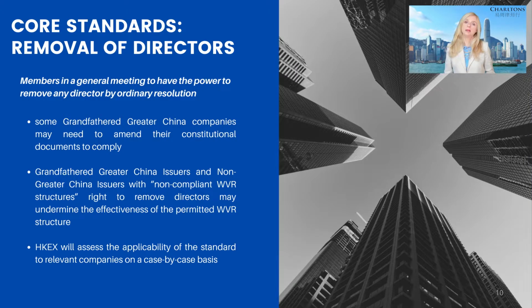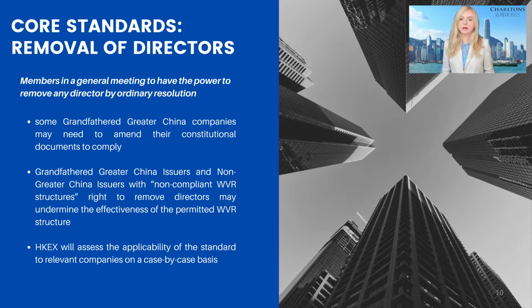A non-compliant weighted voting rights structure is one that doesn't meet the requirements of Chapter 8A for primary listing applicants with weighted voting rights structures. Examples of non-compliant weighted voting rights structures include those with corporate weighted voting rights or a board-based weighted voting rights structure, which gives certain individuals control of the board disproportionate to their equity stake in the company.